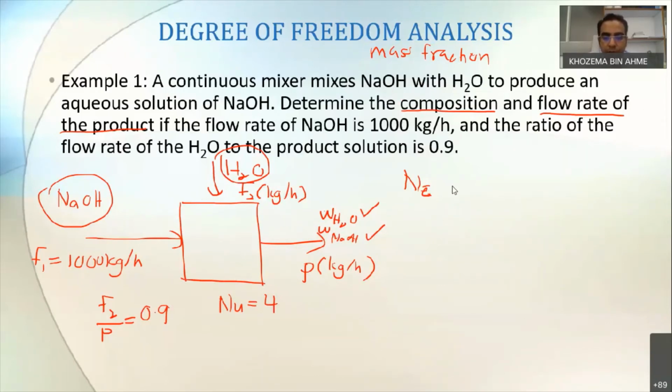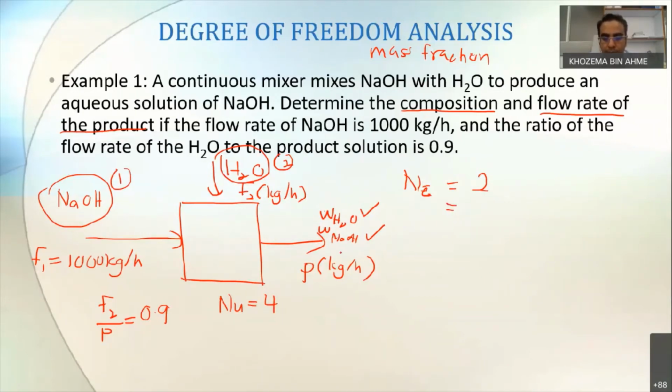First of all, we start with the number of species that we have. Number 1 is NaOH, and number 2 is H2O. So I have 2 independent equations relating NaOH and H2O.